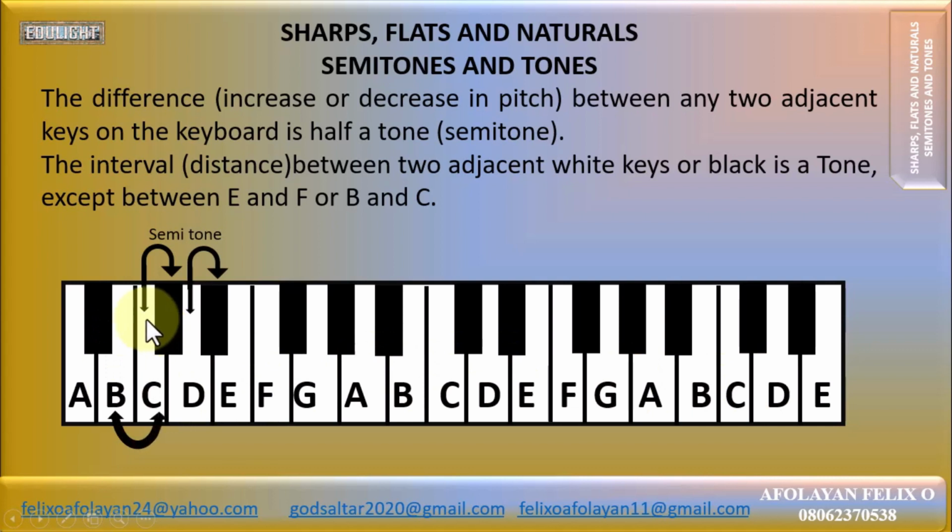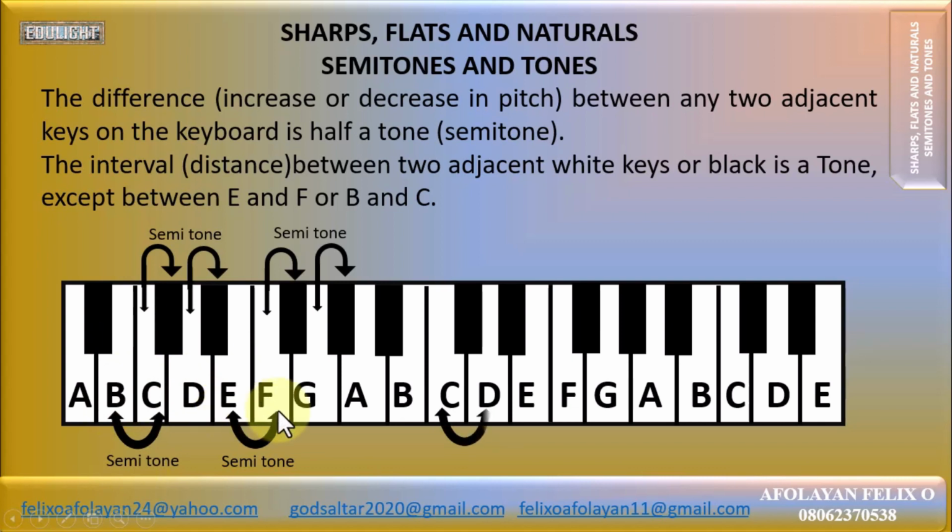From this white key to this black key is semitone. From this black key to here is semitone. That is, from one key to another key is a semitone. You can see that no key in between.